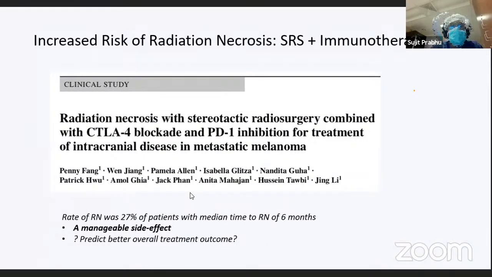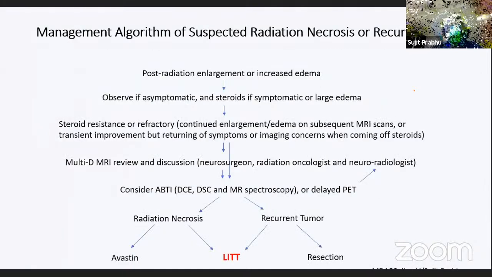This was a paper published from the group at MD Anderson, showing the increased risk of radiation necrosis as we combine stereotactic radiation with immunotherapy. So at MD Anderson we have put together an algorithm where we have multidisciplinary meetings held weekly.